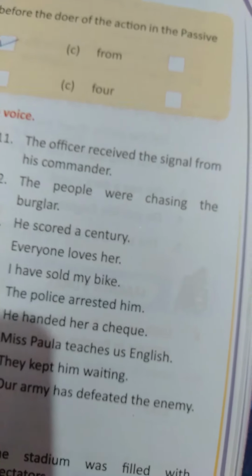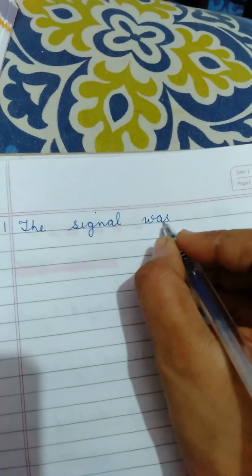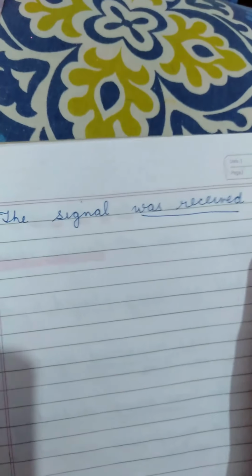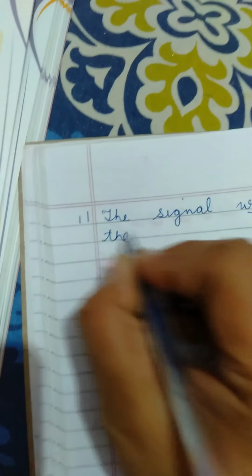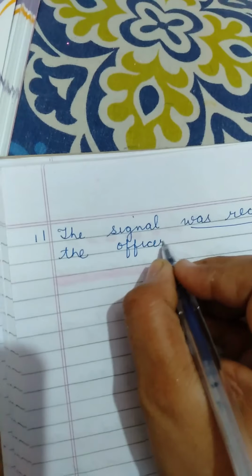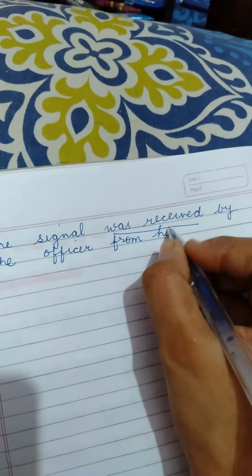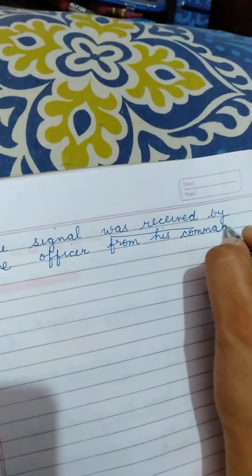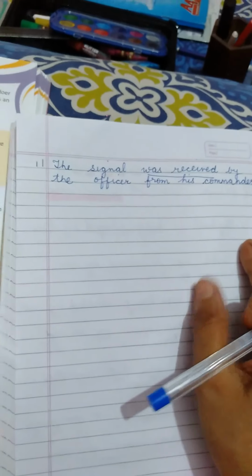So signal is the object, and this is going to be the subject in the passive voice. The signal was received by the officer from his commander.